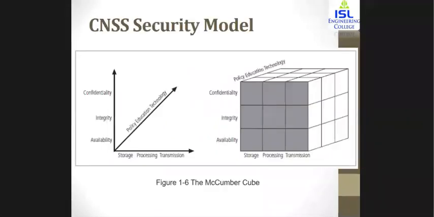Now, this is the NSTISSC security cube. Within this, you've got the x-axis, y-axis, and a third dimension, the z-axis. On the x-axis, you're going to have all the key objectives.